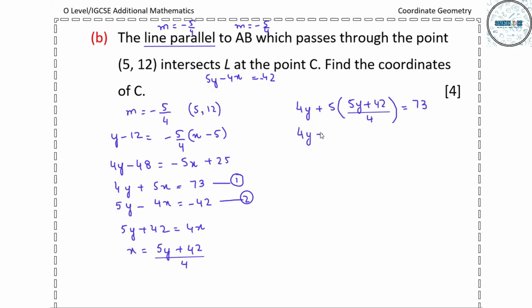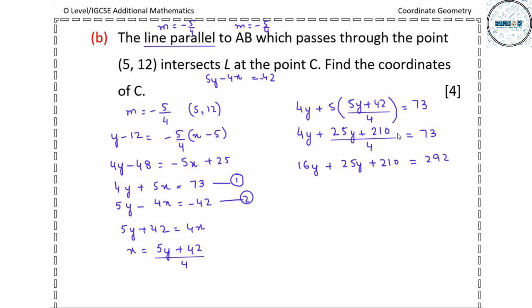4y plus (25y plus 210) upon 4 is equal to 73. We will multiply the whole equation by 4. So this is 16y plus 25y plus 210 is equal to 292.